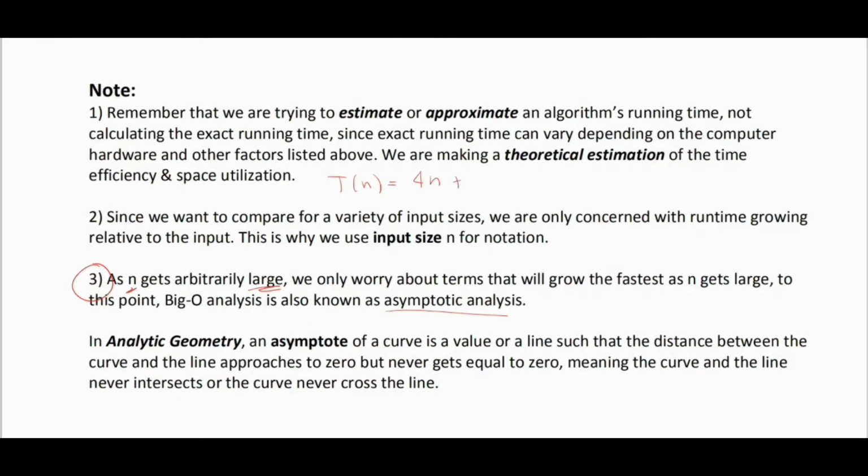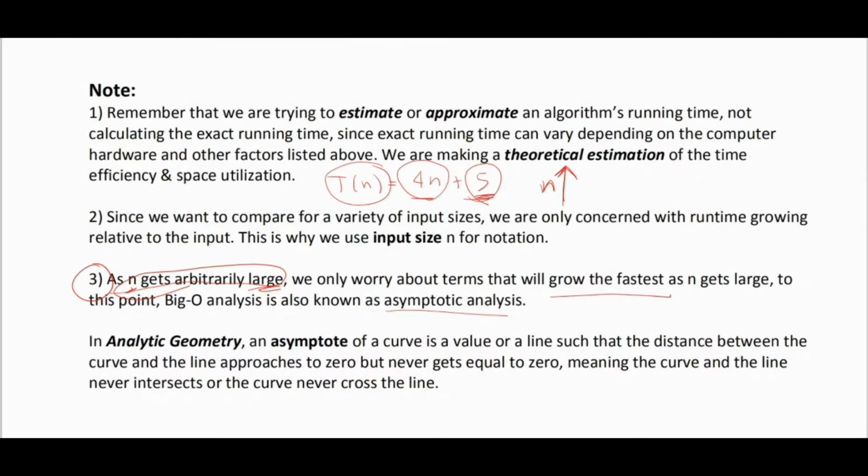4n plus 5, which of these two terms do you think will mostly affect the value of T of n as n gets larger? As n grows large, of these two terms, 4n and 5, which will grow fastest as n gets very large?